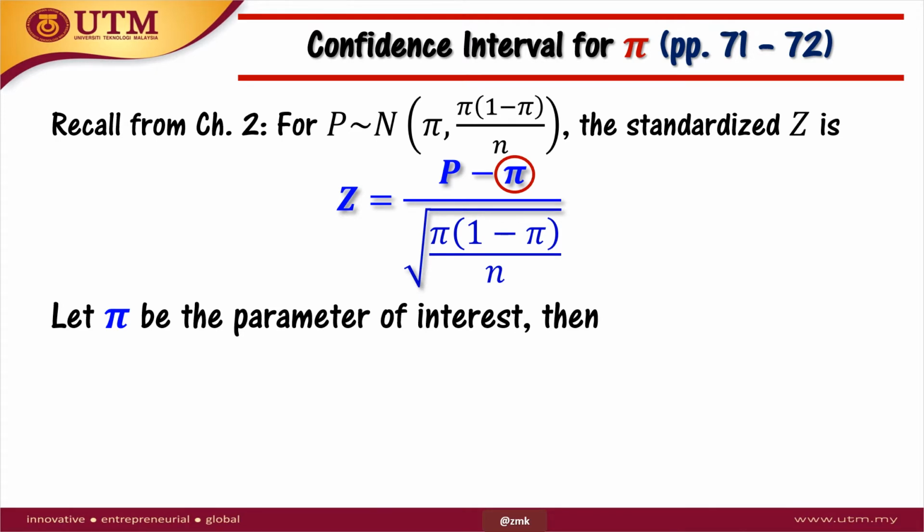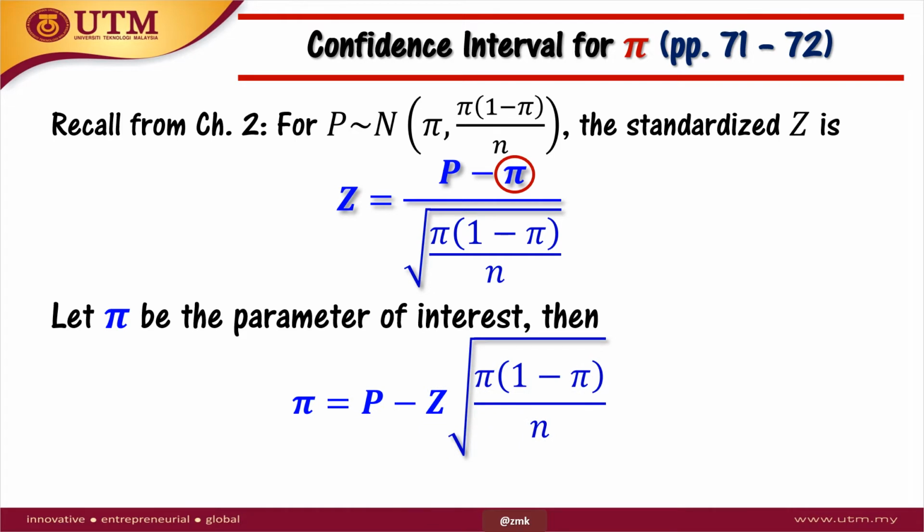Leaving pi in the numerator alone, we have the following expression. Pi equals p minus z times square root of pi times 1 minus pi over n.